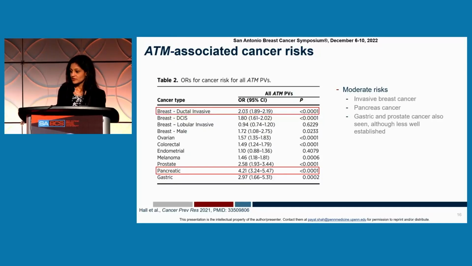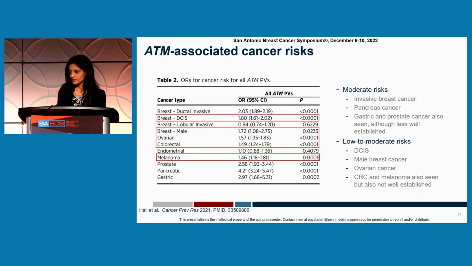There were also elevated risks of gastric and prostate cancer seen, although these are less well established across studies. There were low to moderate risks seen of DCIS, male breast cancer, and ovarian cancer. And the ovarian cancer risk does seem to be real across studies, although the magnitude is probably quite small, similar to that for an individual who has a first-degree relative with ovarian cancer. Colon cancer and melanoma were also seen, but are not as well established.